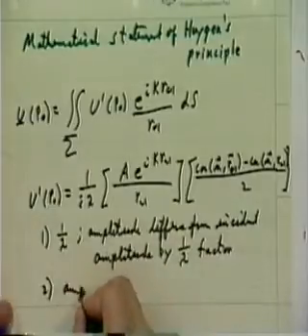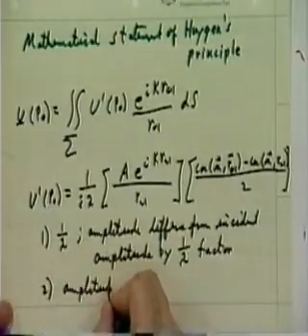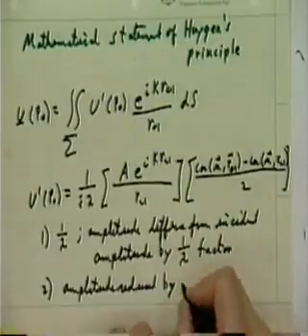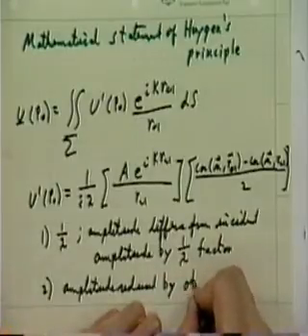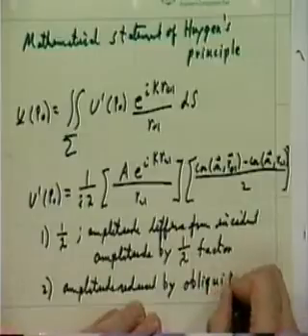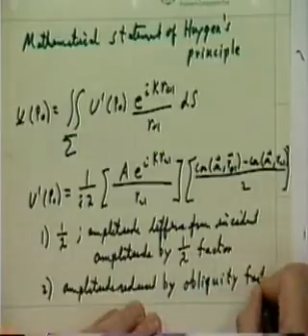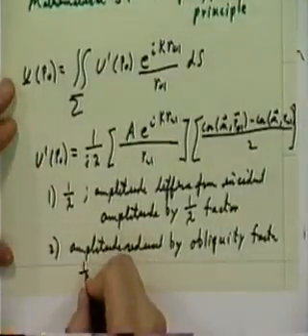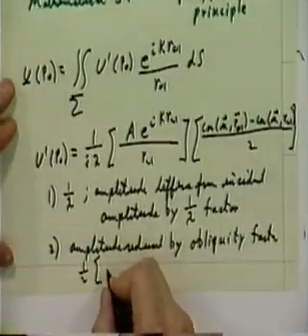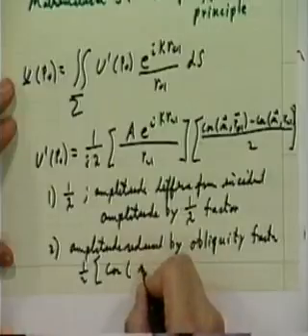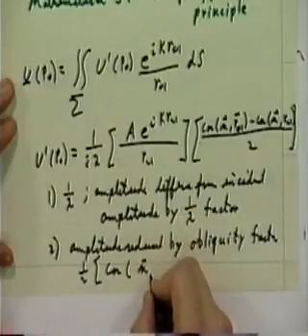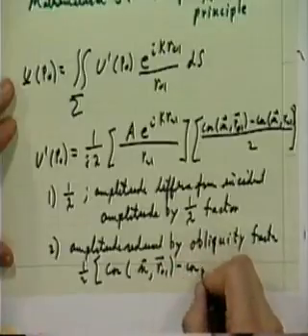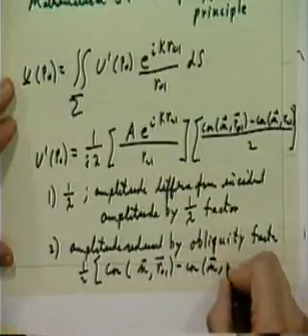So the amplitude is reduced by what's called the obliquity factor, which is just the 1/2 cosine n r01 minus cosine n r21.